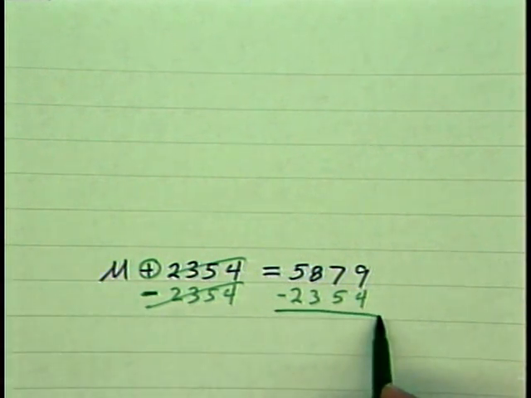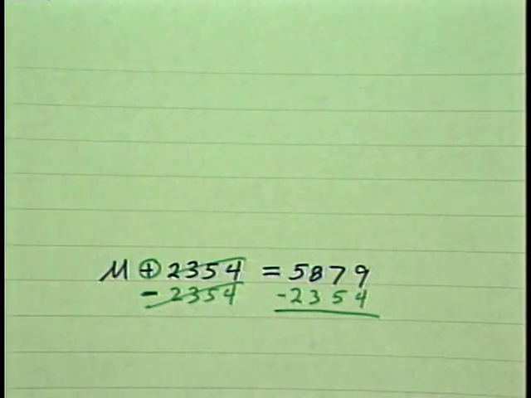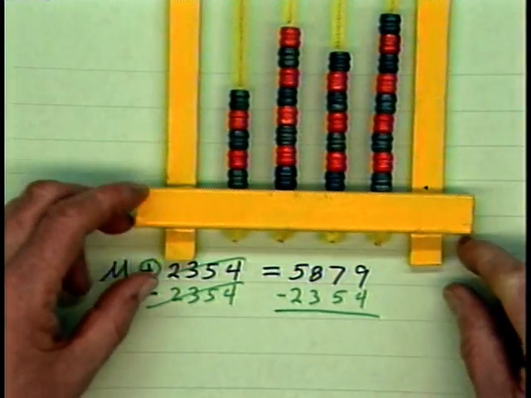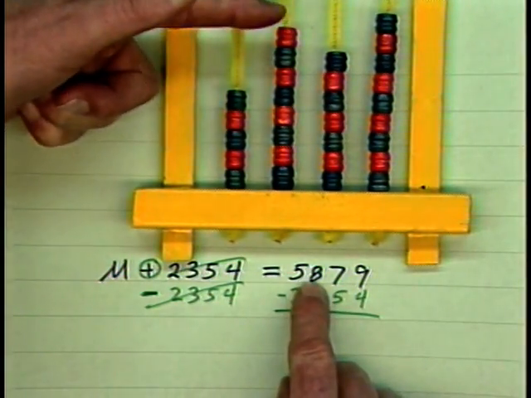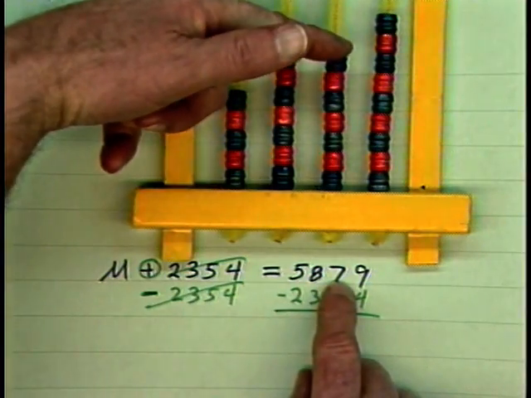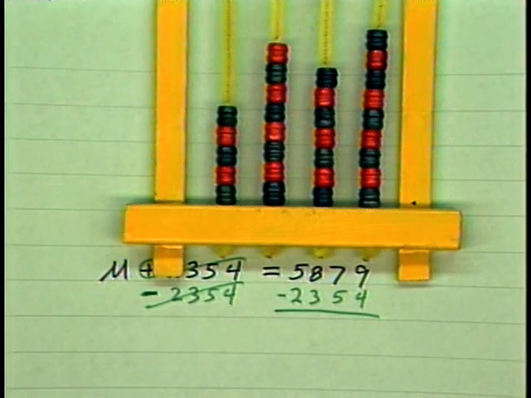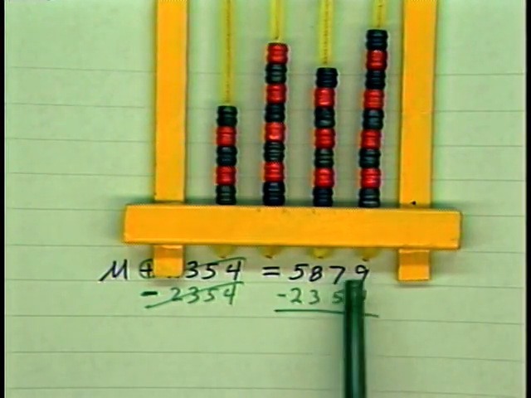Now at this point, let's remind ourselves where subtraction came from historically. Back to our abacus. Here's 5 in this column, 8 in this column, 7 in this, and 9 in my units column. And again, our ancestors did not think of this as 5,879.